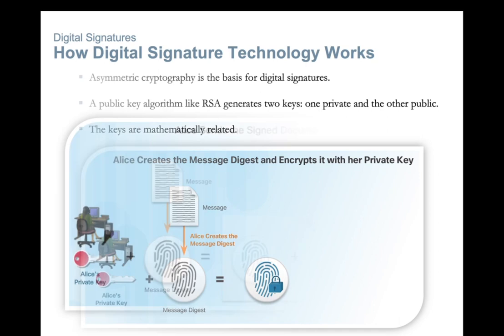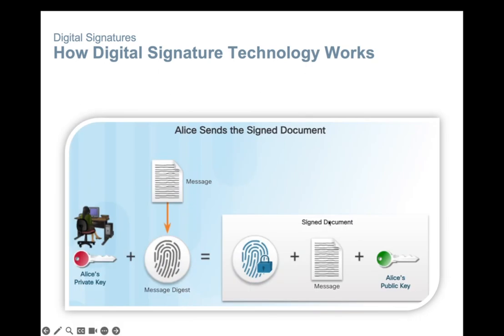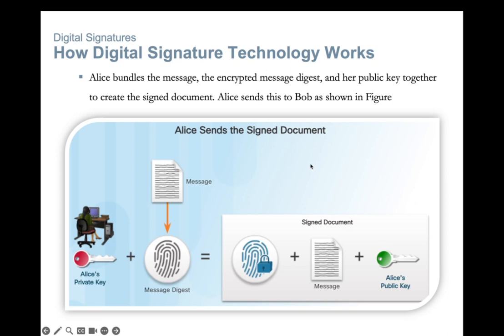Alice sends this signed document to Bob. So this is the process of creating a digital signature on the sender side.